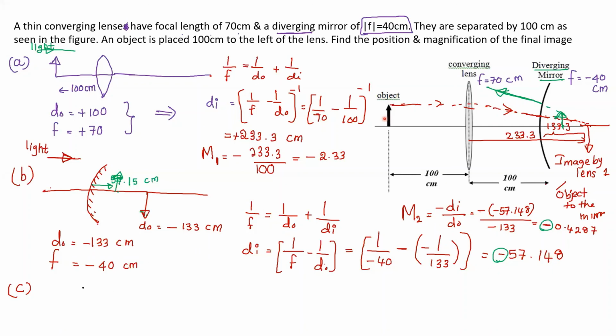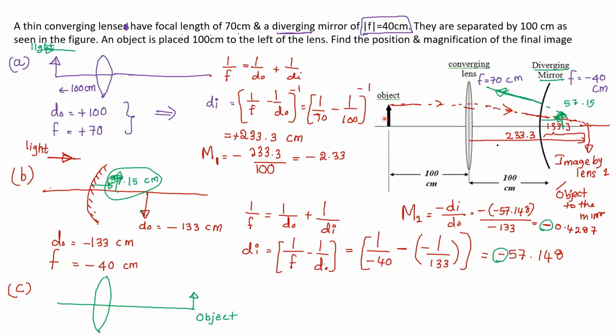Okay, so I'm going to draw it. So refracted rays are now coming back from the mirror. So if I draw it, here is your image object now. So this is your object, this thing that we found before. It is at 57.15 from the mirror.